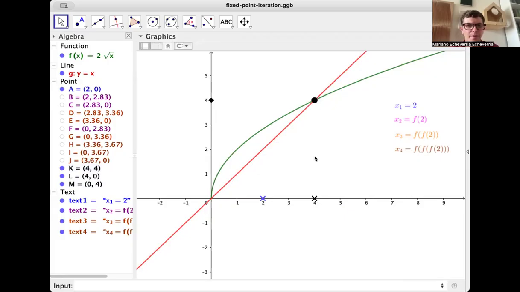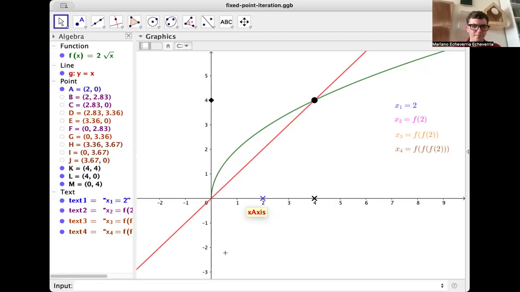So how does the process start? The idea of the algorithm is that you start with a random point on the interval where the function is a contraction. As we were saying, I did it with 1.5, so anywhere to the right of 1.5 the function was a contraction.